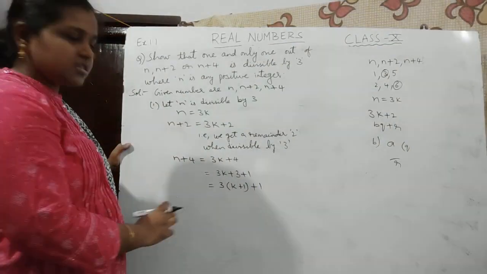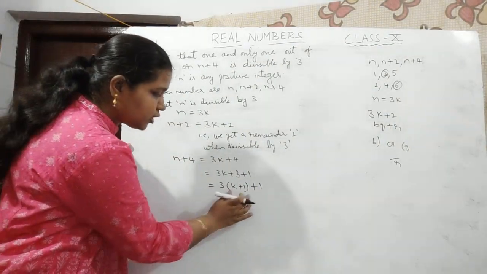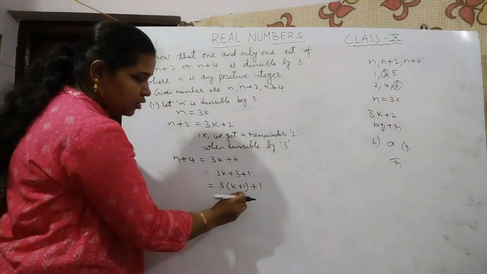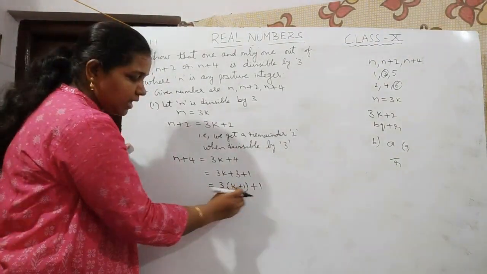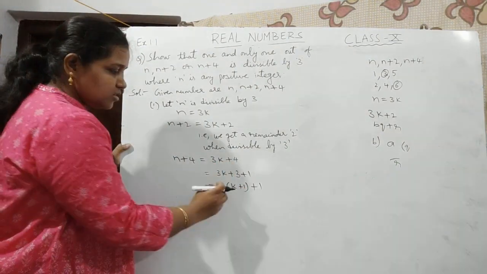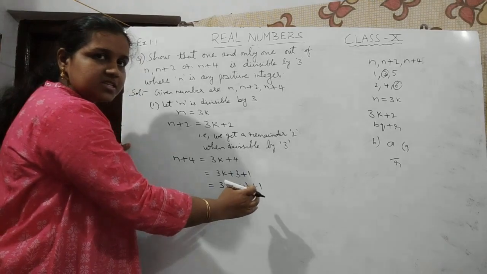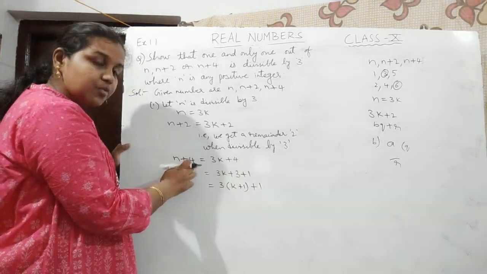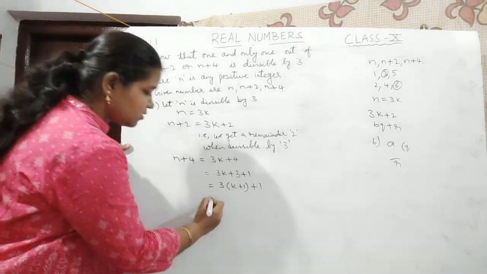Again, if you compare this, it is in the form of bq plus r. Here q is k plus 1. q is an integer, k plus 1 is also an integer here. So bq plus r means the remainder is 1. If the remainder is 1, this means n plus 4 is not divisible.